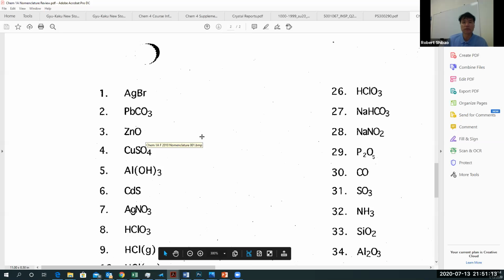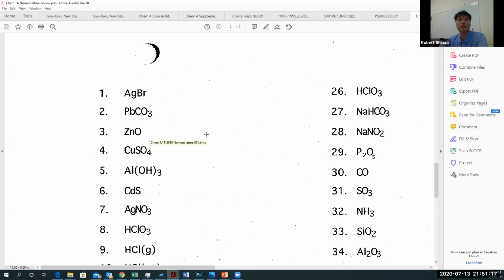Okay, we're going to go through these rapidly and then we'll take a look at the homework, but we just want to practice here. So this one, AG is called what? Silver, yeah. Is it fixed charge or variable charge?